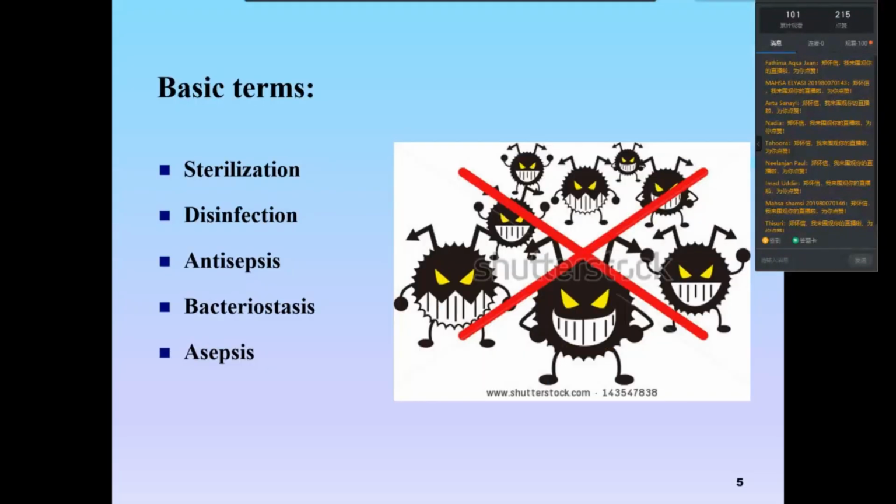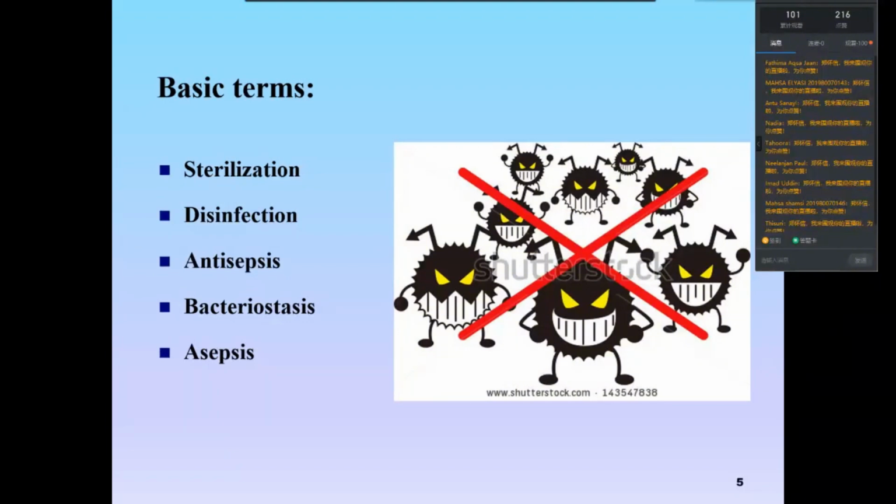First, before we talk about the techniques, we'll first introduce several basic terms, several basic definitions, and we should know what they mean and what's the difference between these definitions. We'll talk about sterilization, disinfection, antisepsis, bacteriostasis, and asepsis.